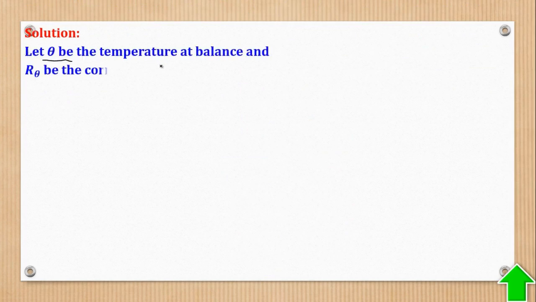So let theta be the temperature at balance and R theta be the corresponding resistance. So this one should be resistance. So R theta over 8 is equal to 8 over 7.